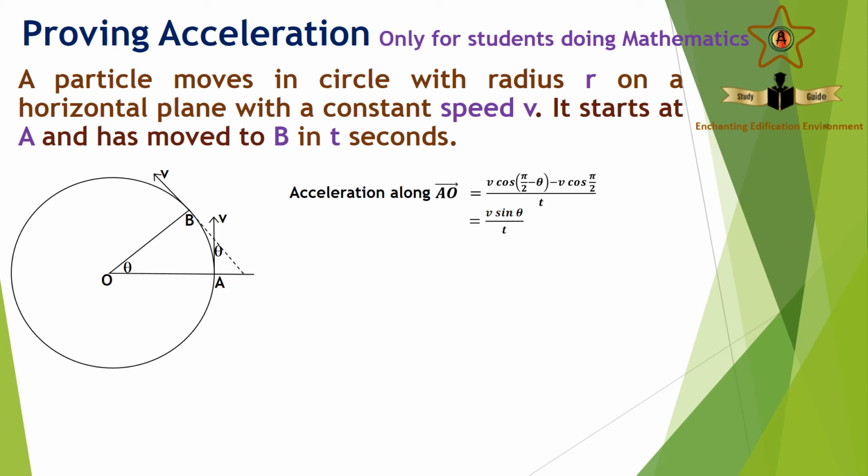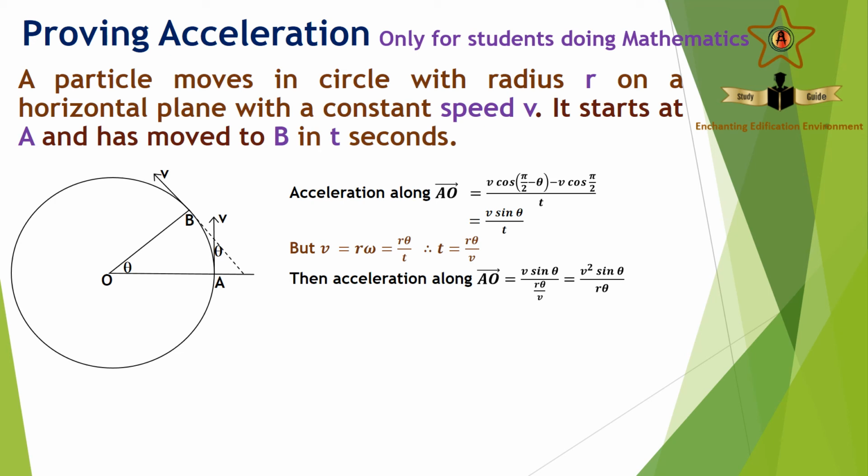So the acceleration becomes v sin theta over t. But omega is theta over t, so v is r omega, that is r theta over t. Therefore, t is going to be r theta divided by v. Now the acceleration becomes v sin theta divided by r theta over v, which is going to be v squared sin theta over r theta.